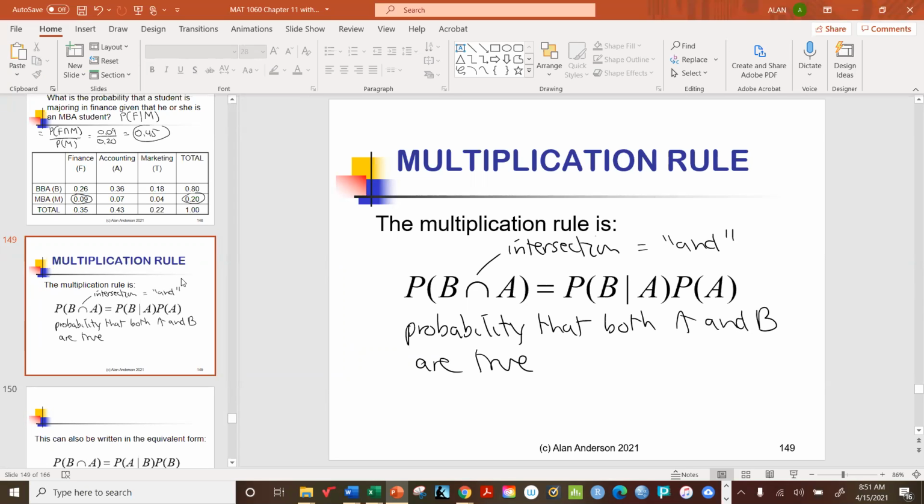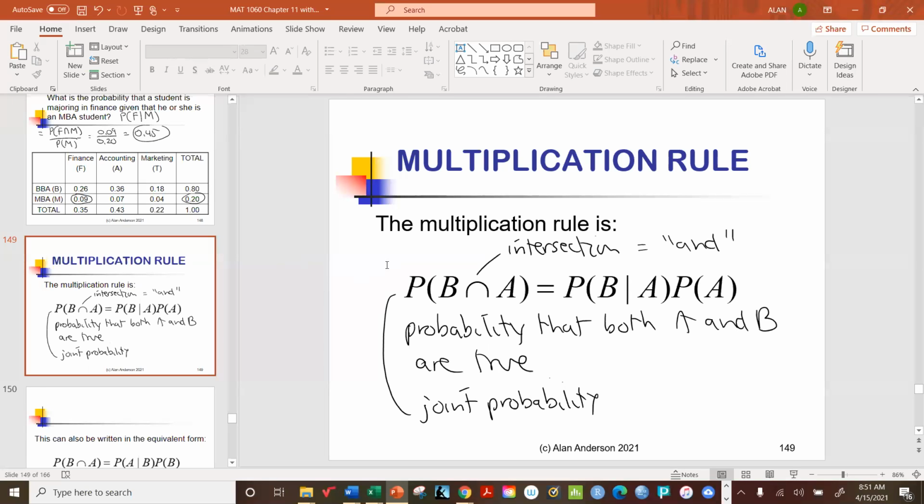What's the probability of B and A? Both of them. And if you notice, this is a joint probability. Now, before we were doing these with a table, but we don't always have access to a table. Every situation is different. So for some cases, without having a table like that, this is what we have to do instead. We use this rule if we don't have enough information to simply look it up in a table. So it's an important rule.